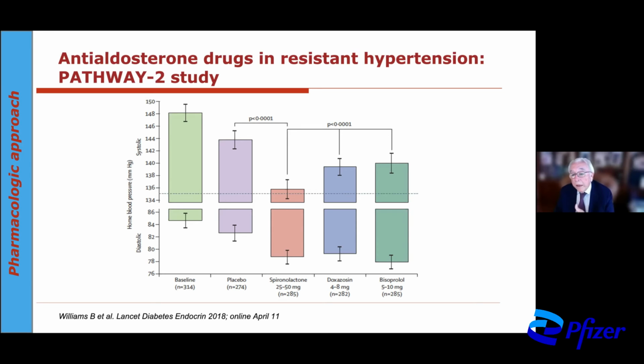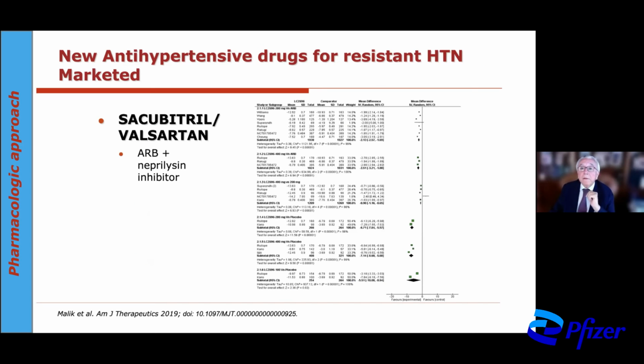If not, we can use bisoprolol, doxazosin. These are other possibilities that you will have. But what are the new things that we can do that are not included in the guidelines? We have two kinds of drugs that are marketed today that can help us to control resistant hypertension. One is sacubitril valsartan.